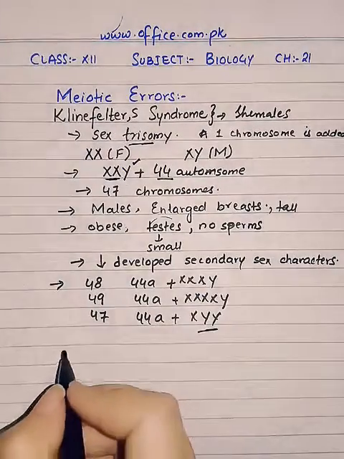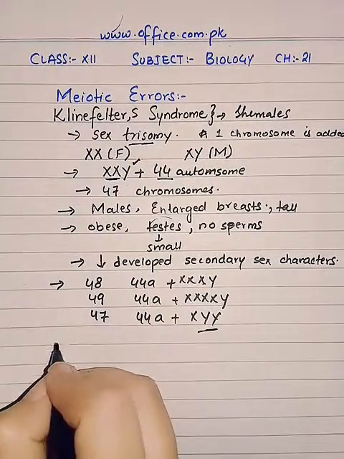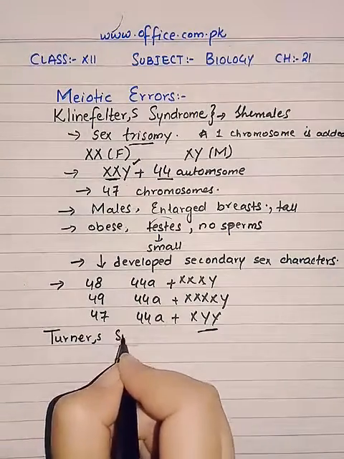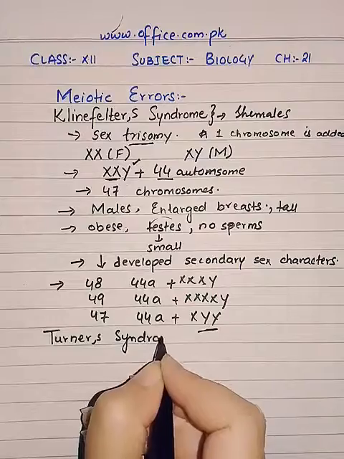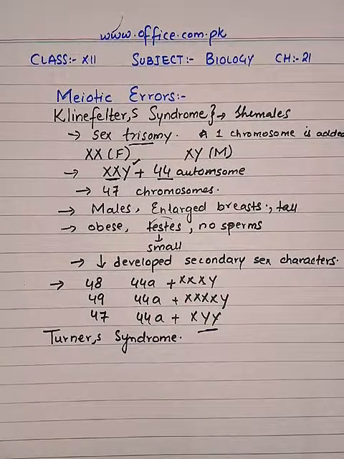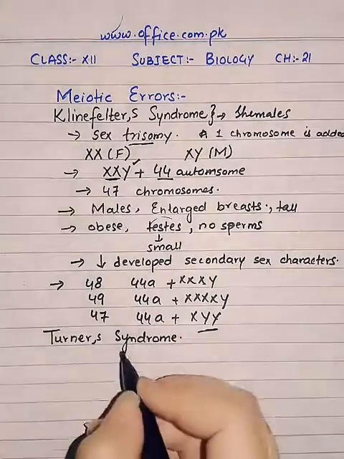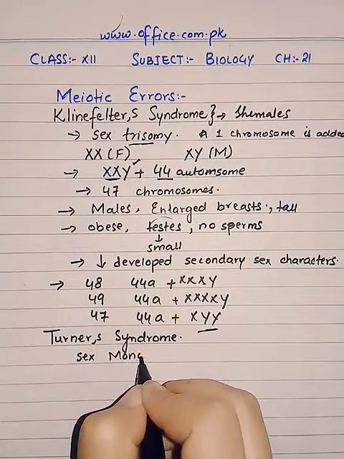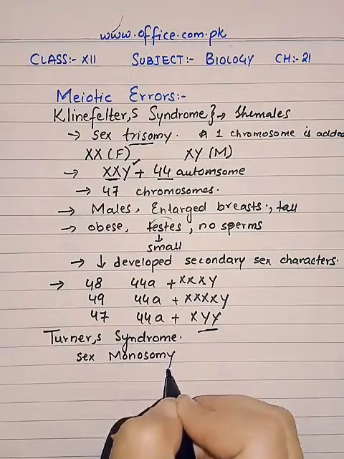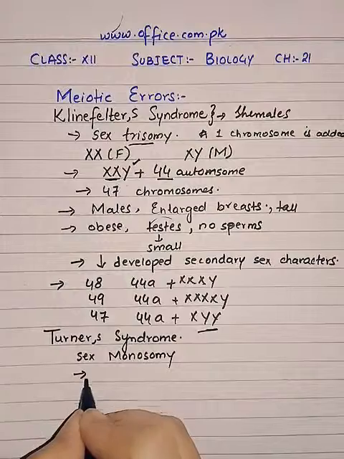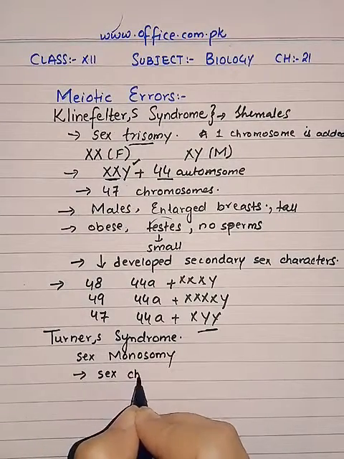Okay, now let us talk about the other syndrome, which is known as Turner's syndrome. Now these patients will have a sex monosomy. Here it was trisomy, an additional chromosome was added, but here a sex chromosome will be missing.